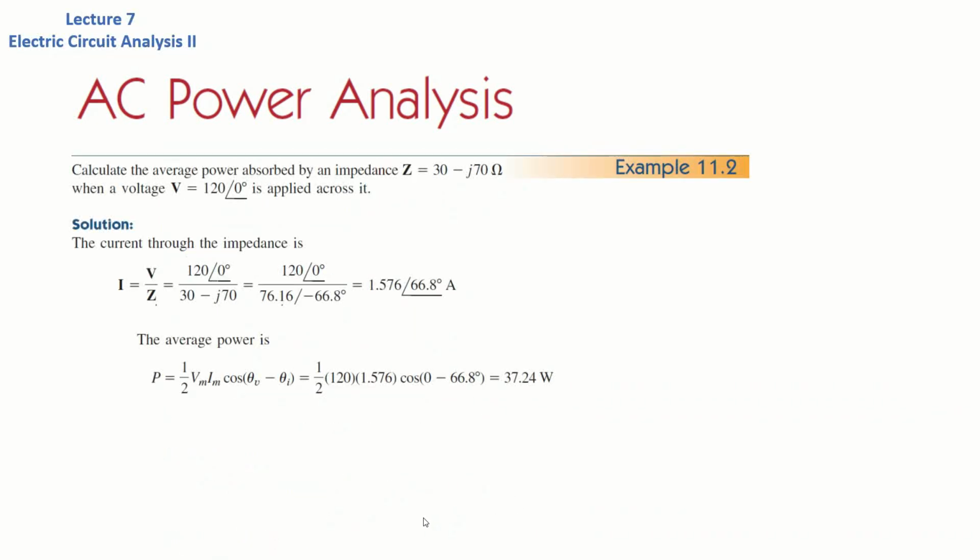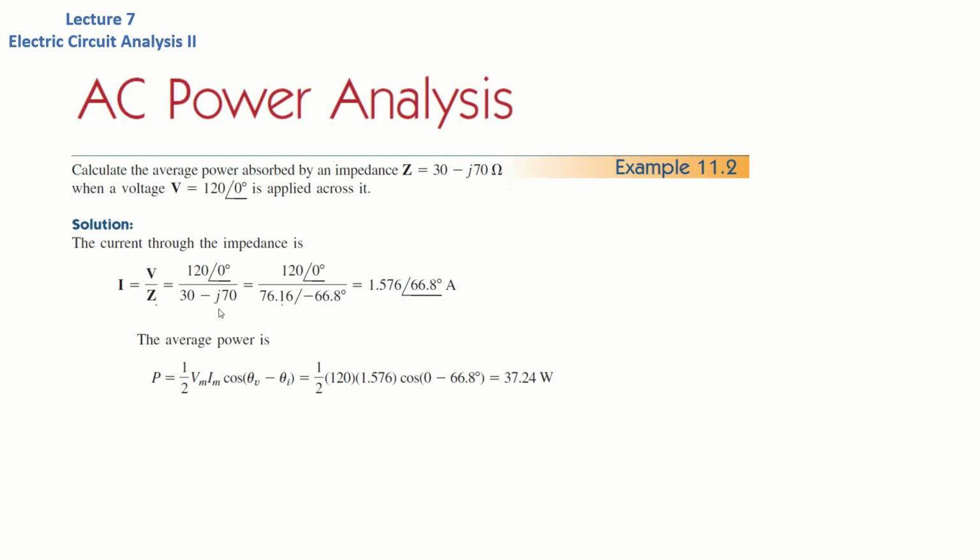Okay, so now let's have a look at another example. Here we have to calculate the average power absorbed by an impedance Z when voltage V is given. First we need to find the phasor of the current in order to find the power. We can find the phasor of current by dividing the phasor of voltage by the impedance.